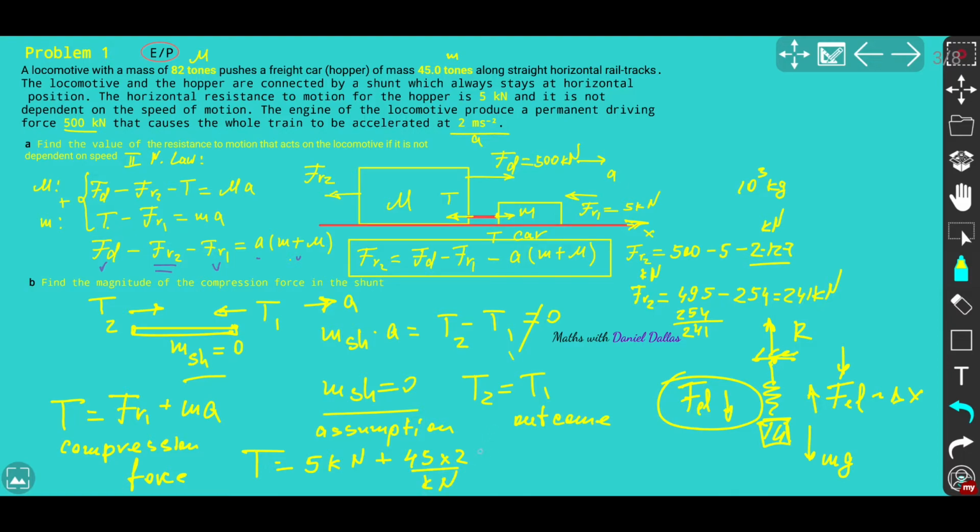So we'll get how much? 45 times 2 is 95 newtons. Sorry, kilonewtons that act on the shunt, due to the fact that it's between the locomotive and the car, and the locomotive acts on the car and pushes it. So finally, we've got the result for the compression force, which in our case becomes 95 newtons. And that's going to be the answer to question B.